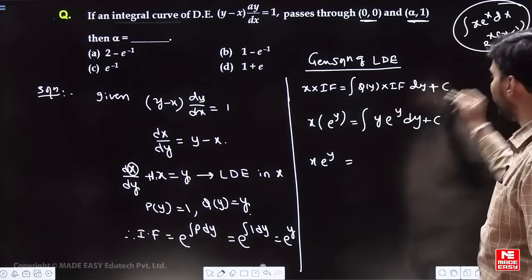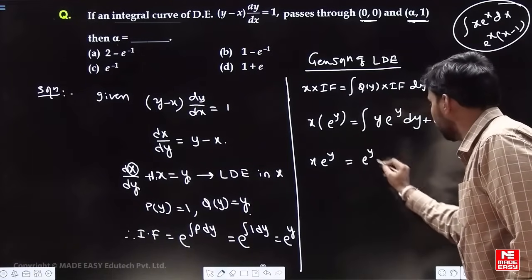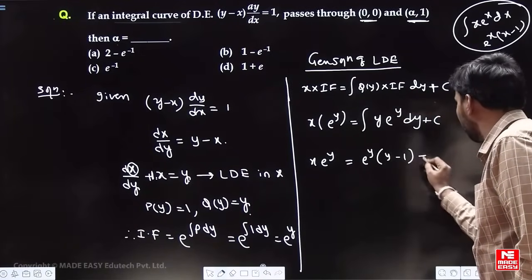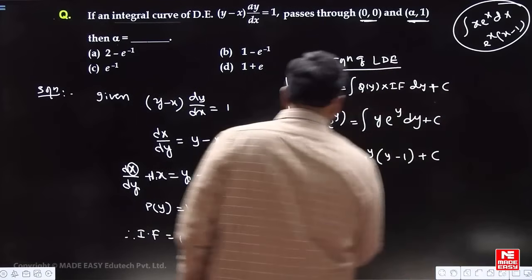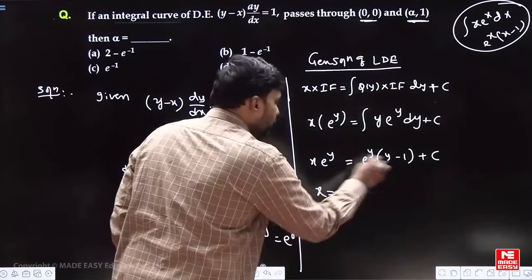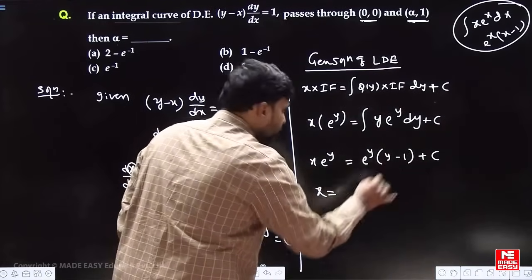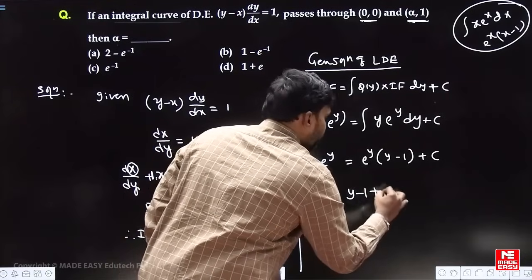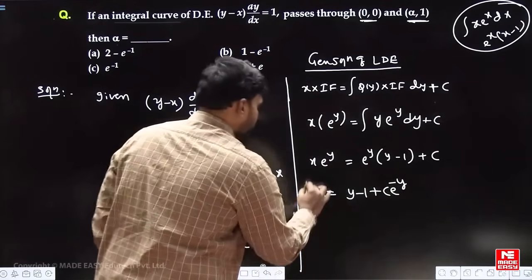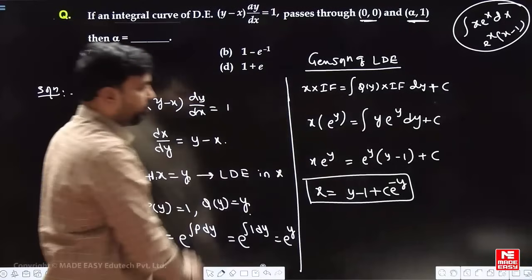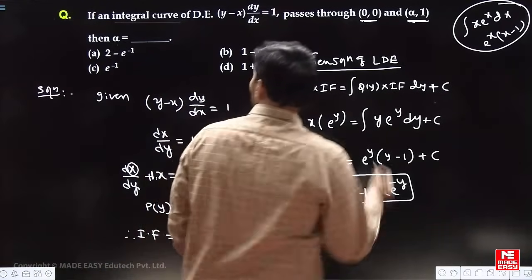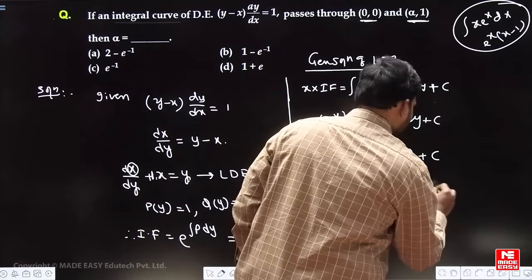If you apply integral of uv, you will get it as e power y times y minus 1 plus c here. Now you can write this as x equal to, dividing by e power y on both sides, y minus 1 plus c e power minus y. This is the general solution. This is the integral curve.